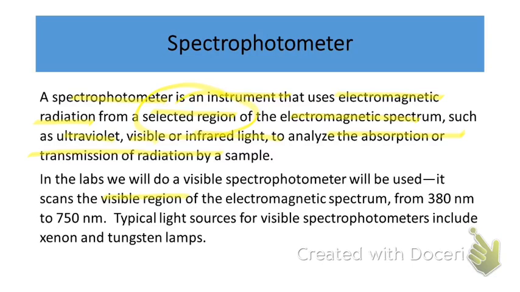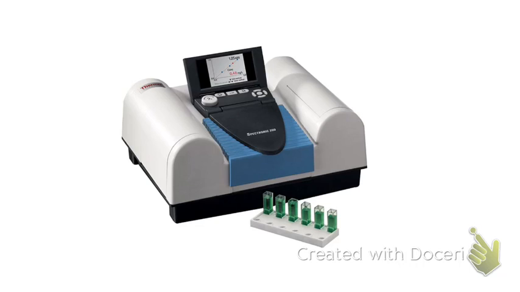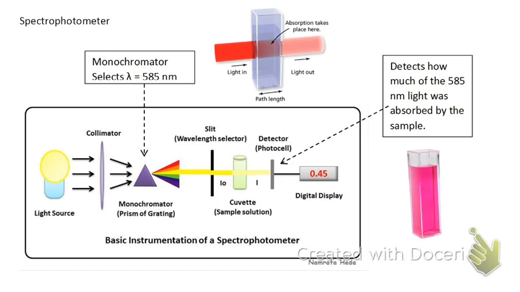Now, we typically use tungsten or xenon lamps to provide the light source in this region, and we'll talk about how that works in just a moment. Here is a picture of a spectrophotometer. This is the type of spectrophotometer that we are going to use in our own labs, and later on I'll get into some specifics of how we use this particular spectrophotometer.